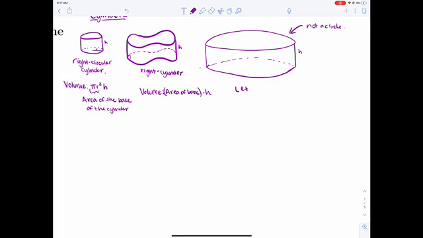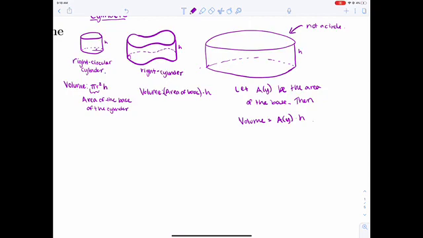So let's let A of y be the area of the base. Then the volume would be equal to A of y times h.